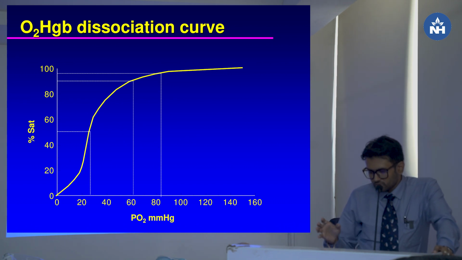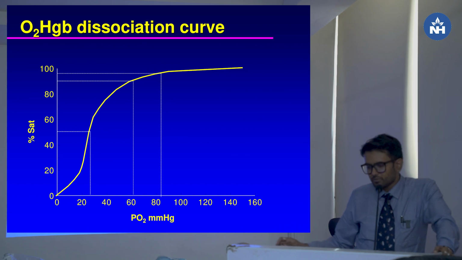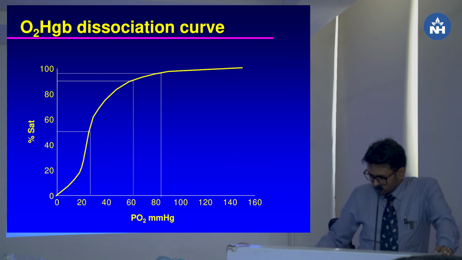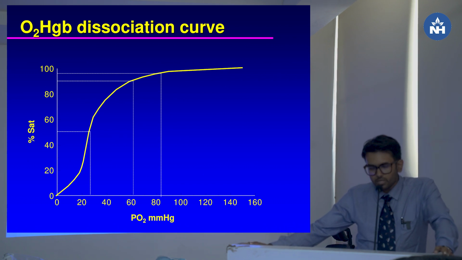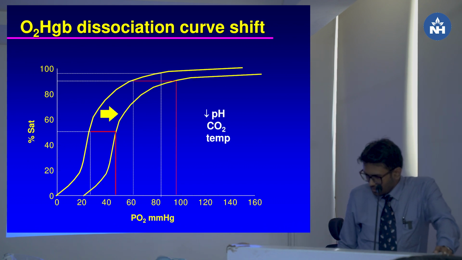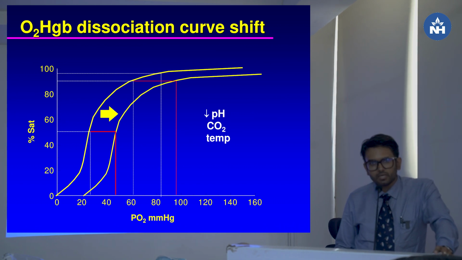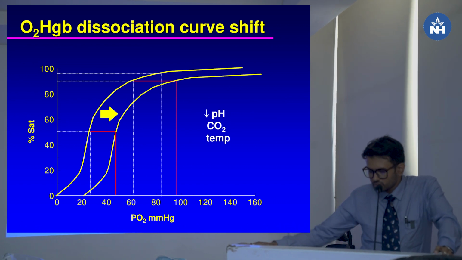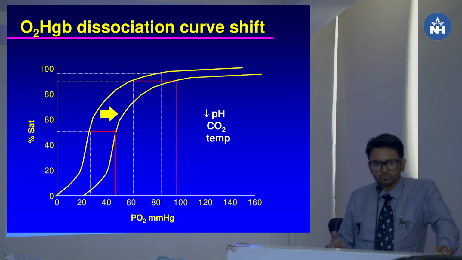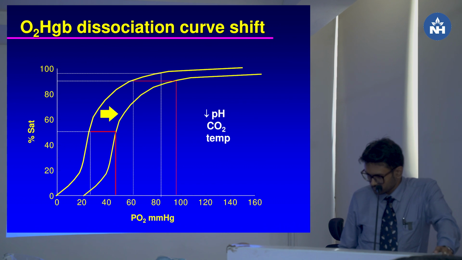The graph gets shifted to the right if we have a rise in temperature, a rise in arterial carbon dioxide level, and increased 2,3-DPG level. Low pH, rising temperature and rising PCO2 cause the curve to shift to the right, which means there will be less affinity of hemoglobin for oxygen. So it causes increased release of oxygen to the tissue level.